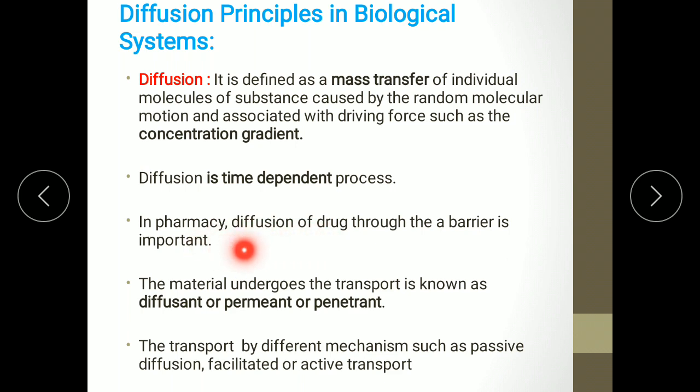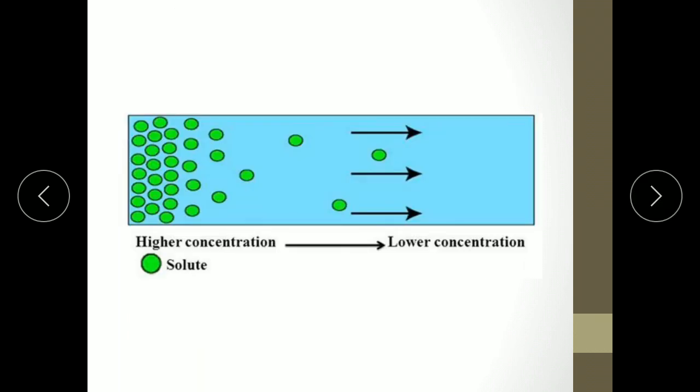The material that undergoes transport is known as diffusant or permeant or penetrant. Whatever material undergoes transport or diffusion is known as diffusant, permeant or penetrant. The transport is by different mechanisms such as passive diffusion, facilitated diffusion or active transport.